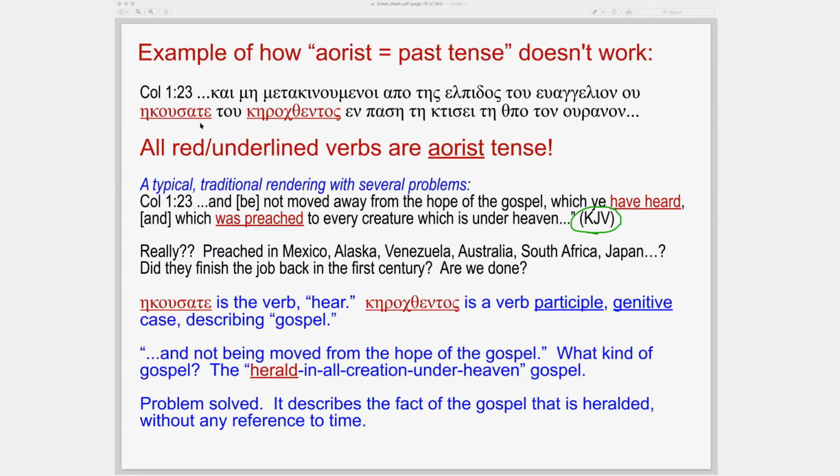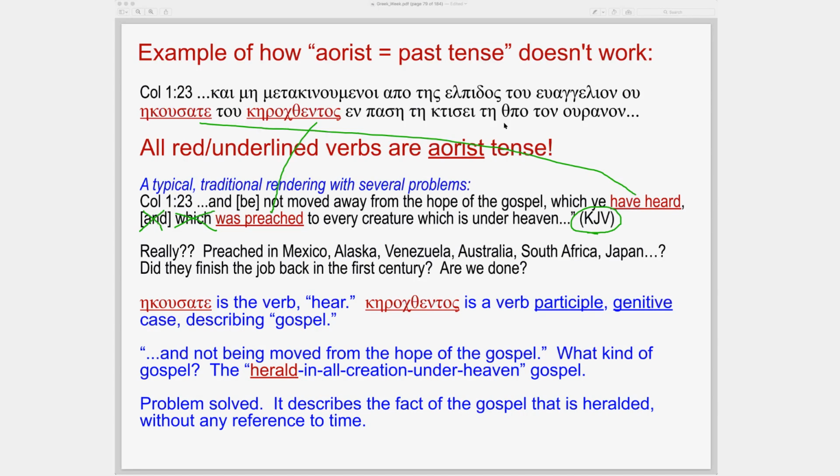Okay? That one corresponds to there. The second problem is that this one, was preached, is being expressed as a regular, a normal verb, not a participle. There is no subject here. The word which is not in there. The word and is not in there either. You can see it right here.